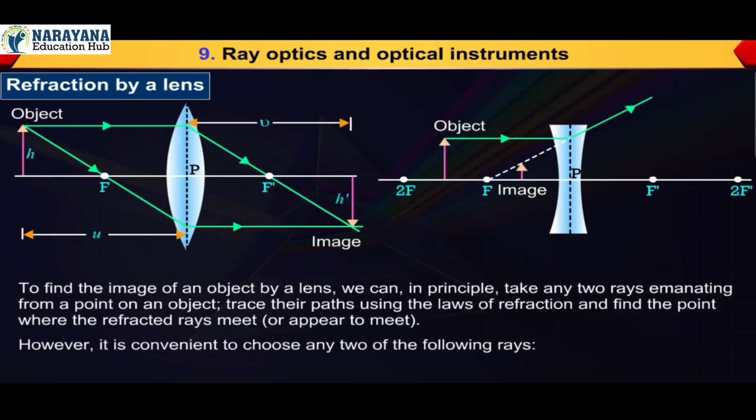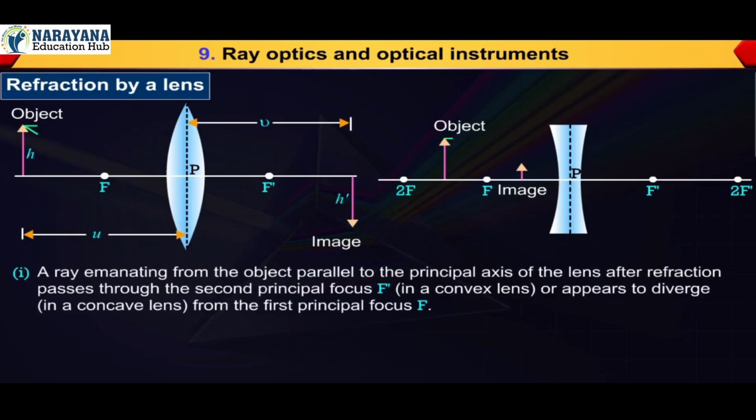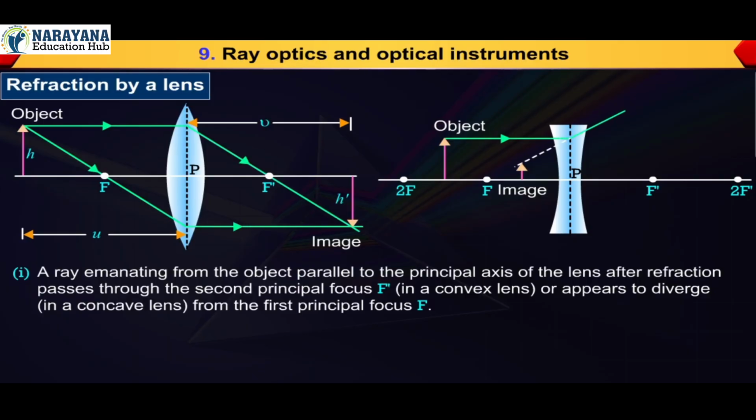However, it is convenient to choose any two of the following rays. Number 1. A ray emanating from the object parallel to the principal axis of the lens after refraction passes through the second principal focus f' in a convex lens or appears to diverge in a concave lens from the first principal focus f.